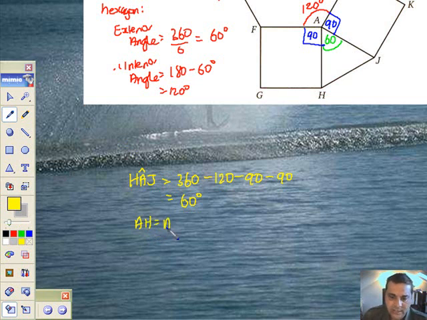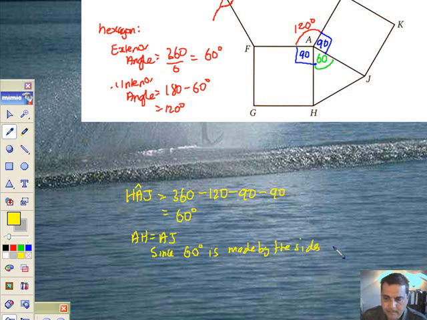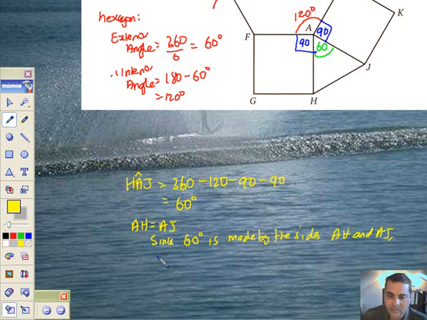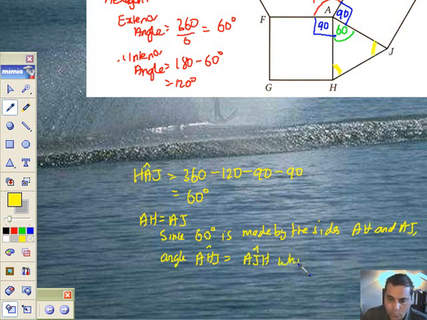AH equals AJ. And I'm going to say, since 60 degrees is made by the sides AH and AJ, angle AHJ, that one right here, equals AJH, in other words that one, which are also 60 degrees.